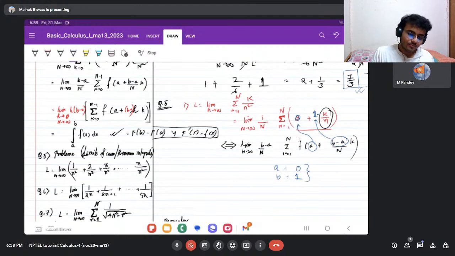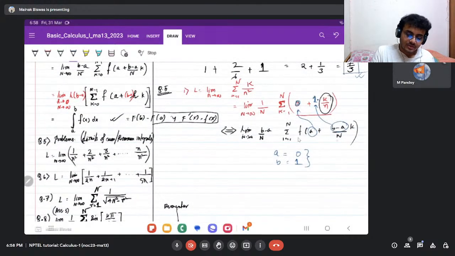Now you see k by n, what you have? So f of k by n is equal to k by n. This is the comparison now. So this has turned into k by n, and this has turned into f of k by n, right? So f of k by n is equal to k by n. So what does it mean? f of x is equal to x, right?